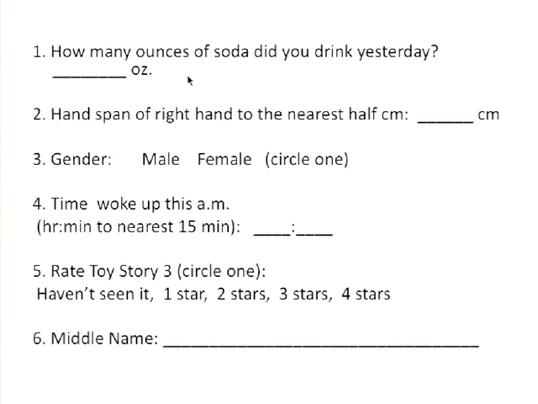Is that data? Is that what we think of as data? Asking your middle name? Yes? In the back? And what kind? Qualitative. And how would you summarize that data? Just a plain table with people's names and their middle names listed.